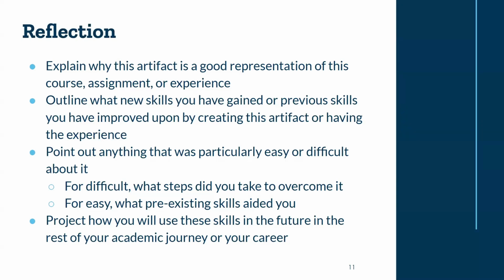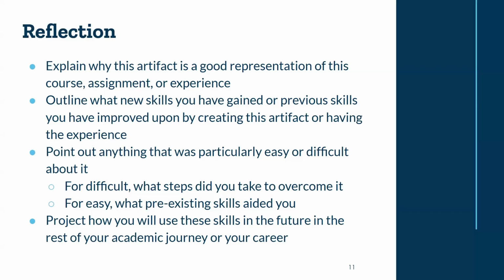You want to outline any new skills that you have gained through doing this activity, or skills you already had that you improved upon or got to practice by making that artifact or having that experience. So thinking in terms of skills is fairly important in reflection. That's something that we see a lot of employers are looking for, and even grad schools.